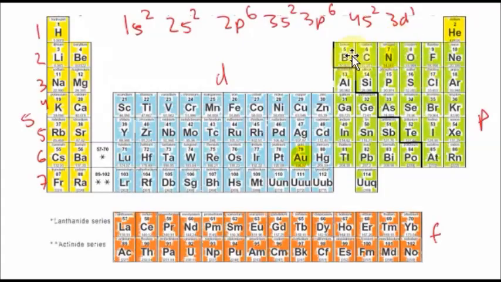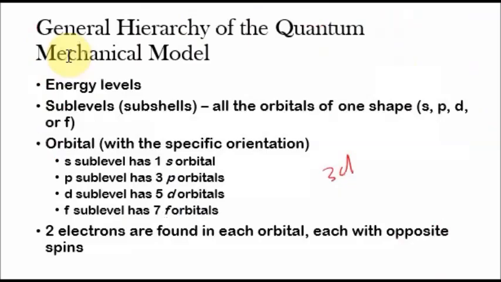And then the p orbitals, we go all the way up to 6, because p sublevels have 3 p orbitals, and 2 electrons are found within each orbital, so that's 6. And same thing with f, 7 times 2, 14. Okay, so make sure you understand that.